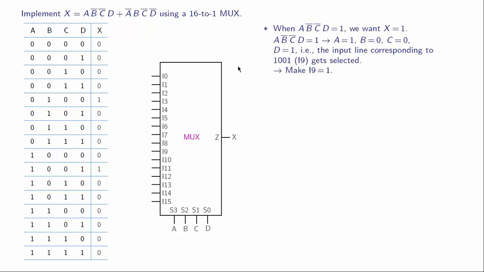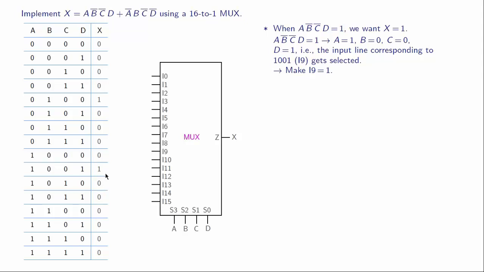Okay, let us look at the minterms in our function. The first minterm is a b bar c bar d, and when that is equal to 1, we want x to be equal to 1. That means when a is 1, b is 0, c is 0, and d is 1, we want the output to be equal to 1. That entry is right here.